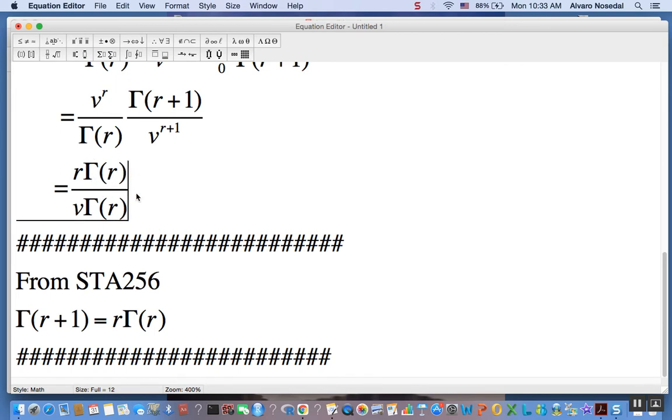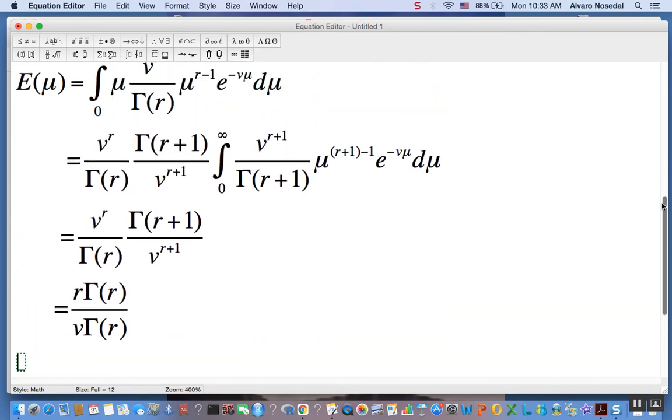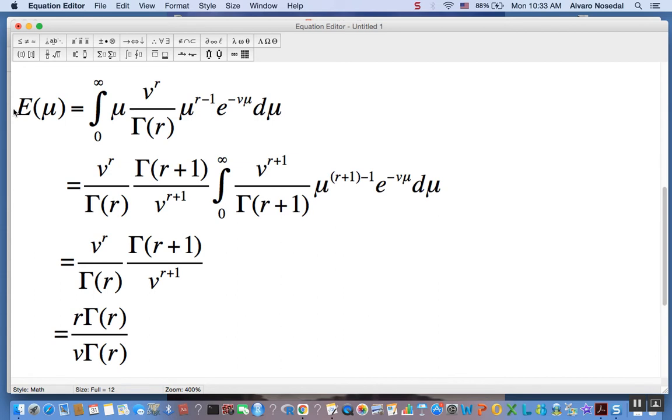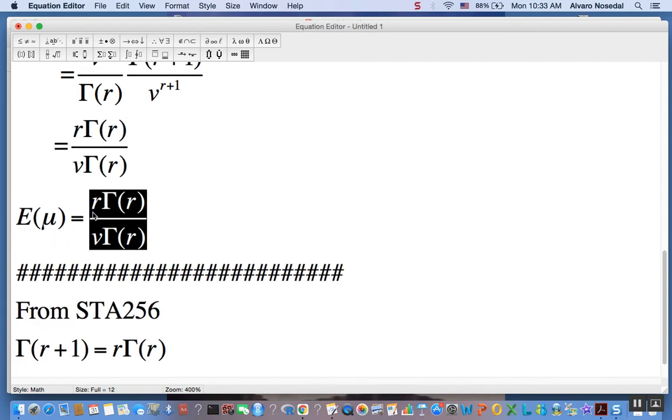So these guys cancel out, and in the end the expected value is r divided by v for a gamma with parameters r and v. Agreed?